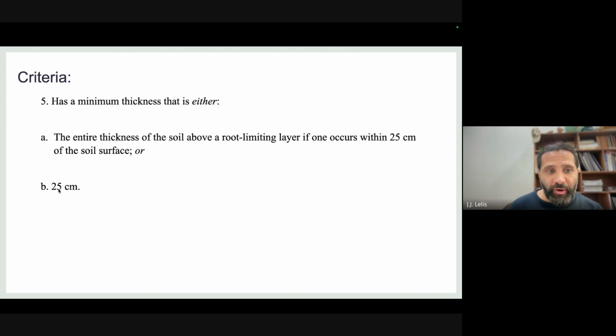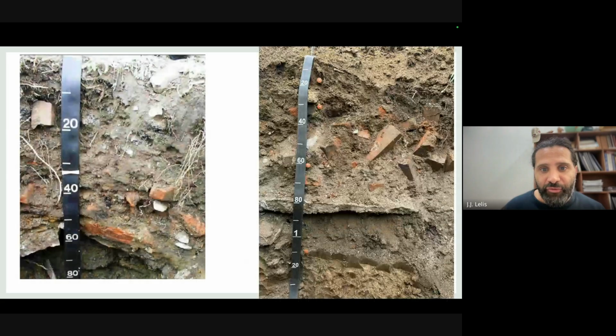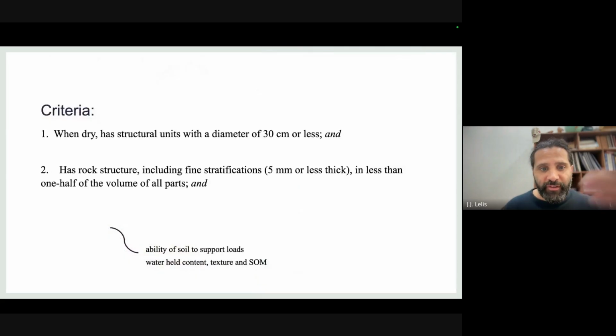So for example, if I don't follow the minimum thickness, it's not an anthropic pattern, even if it fits all of these other criteria.